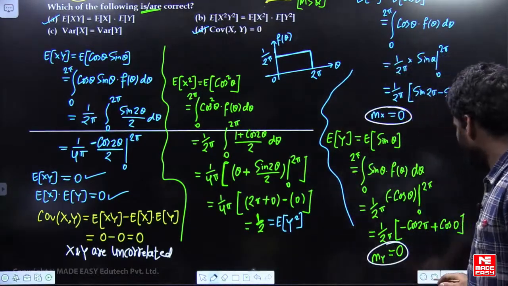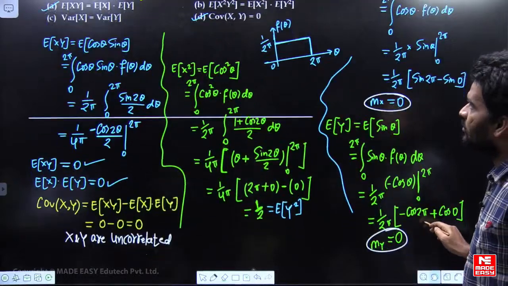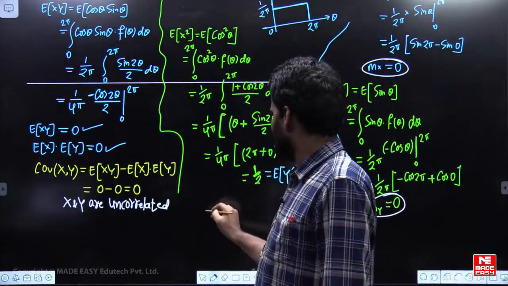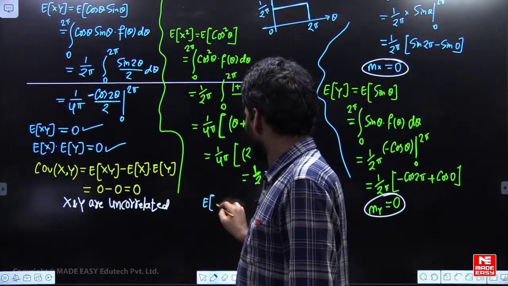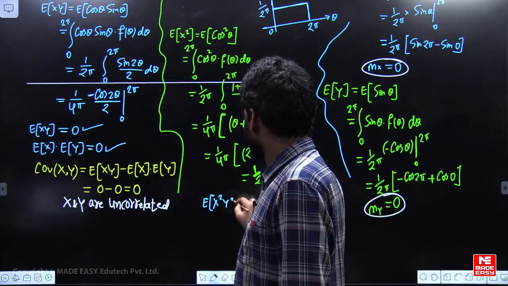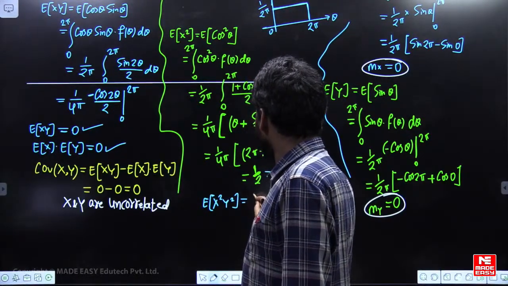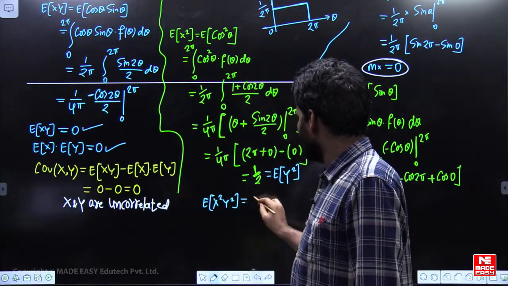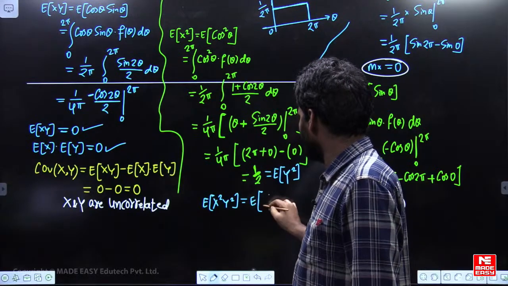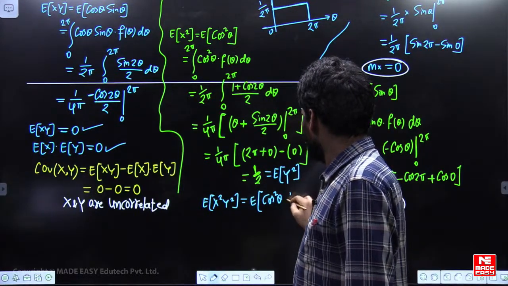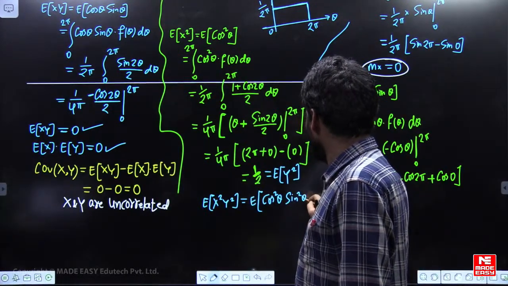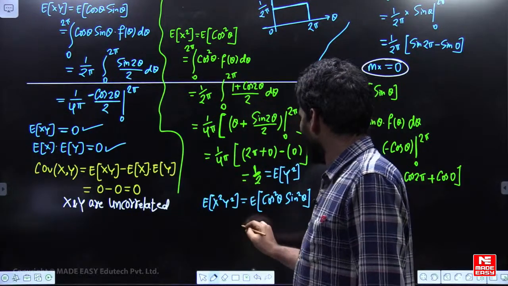Then expectation of x square y square. This is the expectation of cos square theta sin square theta.